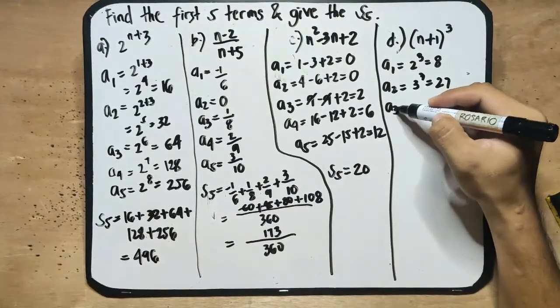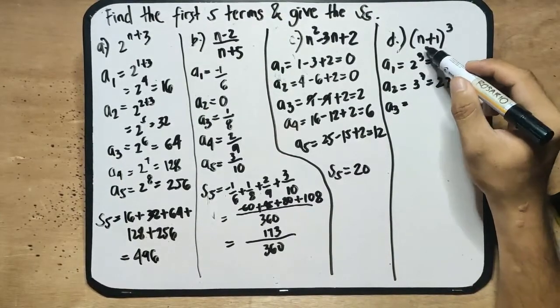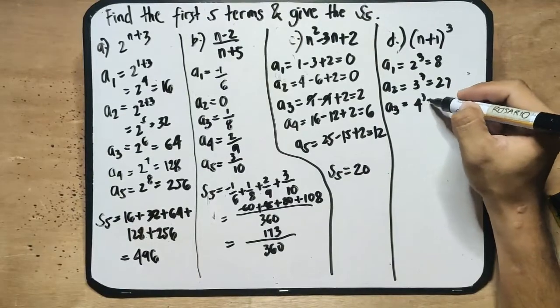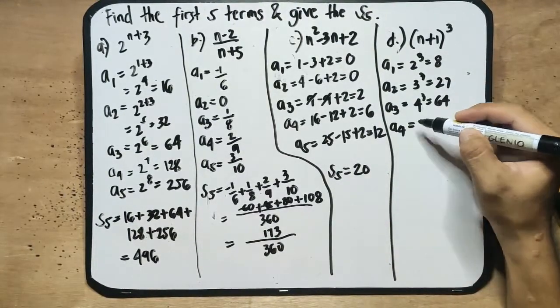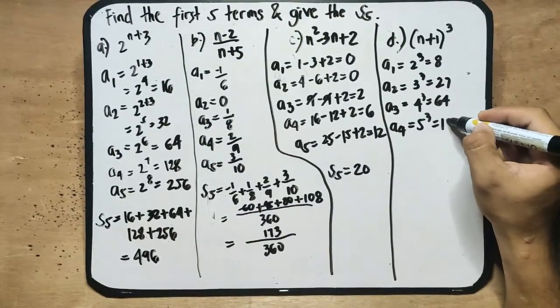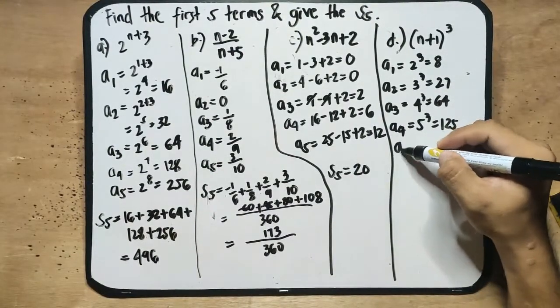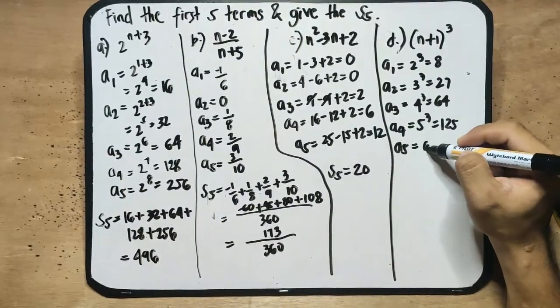If n is 3 for the third term, we have 3 plus 1 is 4. 4 cubed is 64. If n is 4 for the fourth term, we have 4 plus 1 is 5. 5 cubed is 125. And if n is 5 for the fifth term, we have 5 plus 1 is 6.